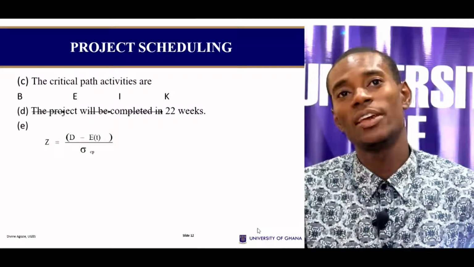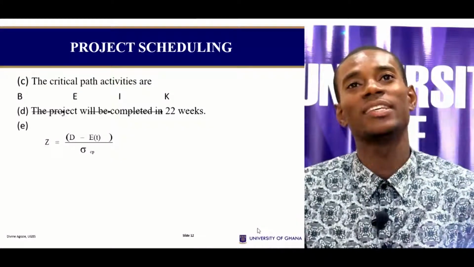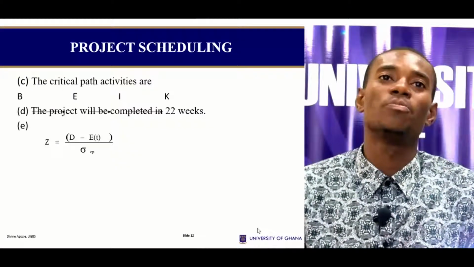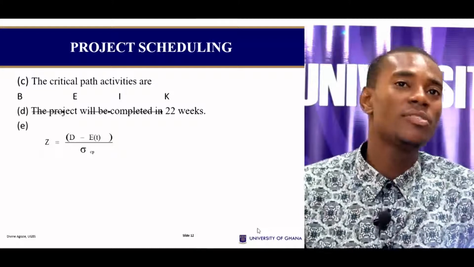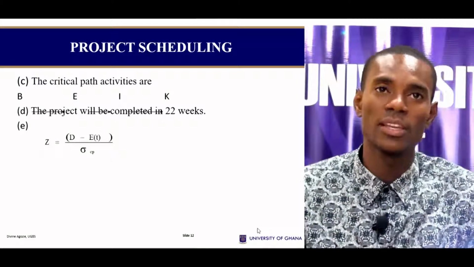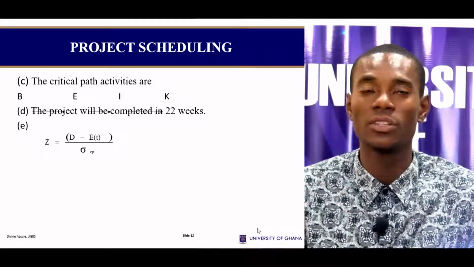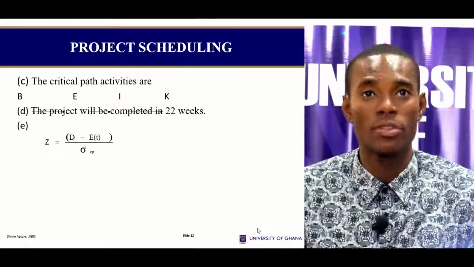The E, or the ET here, is the expected completion time, which in our case is 22 weeks. The only thing we will have to compute again is our standard deviation, sigma, which is the denominator in that ratio.